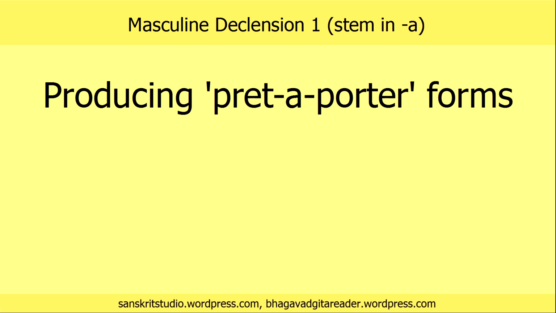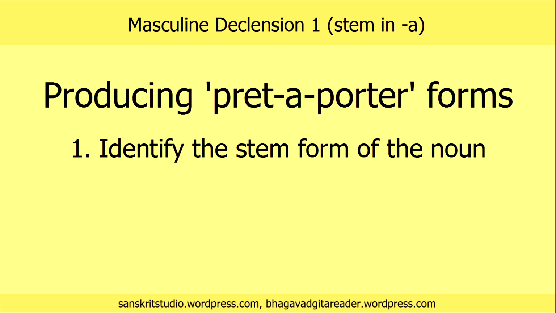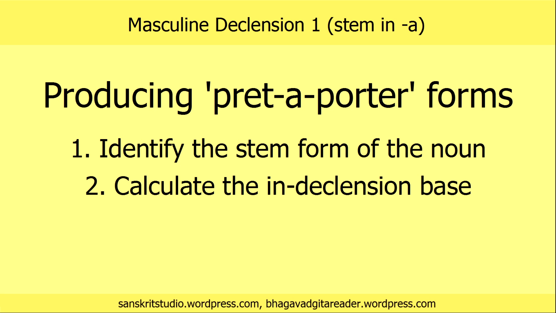So how do we produce these forms? The first step is to identify the stem form of the noun. The second step is to calculate what's called a declension base.